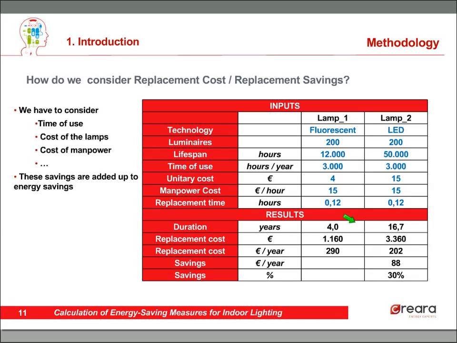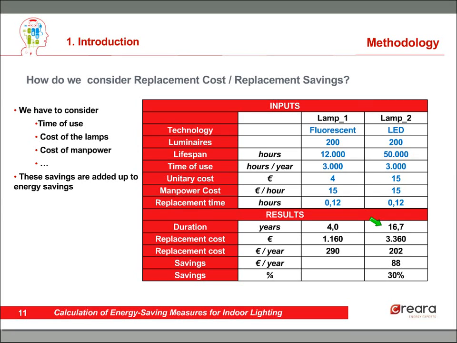we calculate that the duration of the lamps is 4 years for fluorescent and almost 17 years, 16.7 years, for LEDs. This is the main problem with replacement cost, because we are saying that in 17 years from now, LEDs are going to cost 15 euros. We cannot know this. This is impossible. So many times, you're going to see that in energy audits, they just don't consider replacement cost.